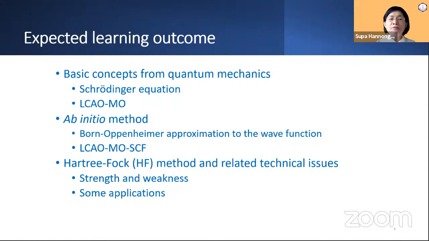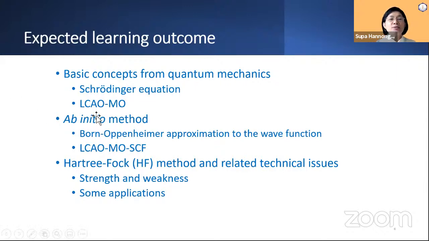Last week you heard about the Born-Oppenheimer approximation and the LCAO-MO approximation. These approximations lead to the construction of basis sets. Last week you learned what a basis set is and what basis functions are used in quantum chemical calculations. So please recall a little bit about the basis set.